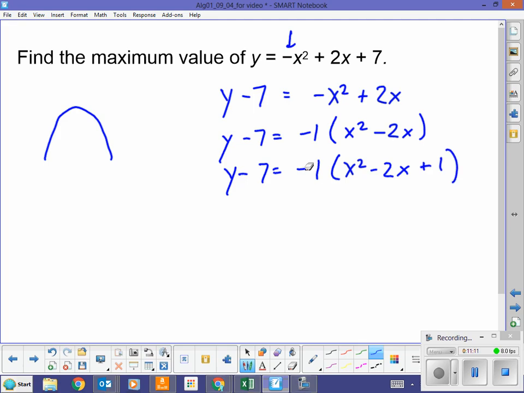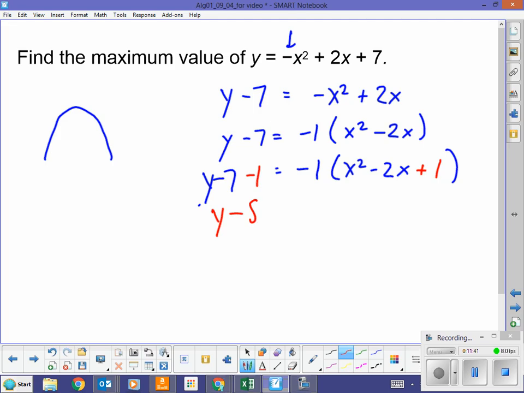And because this is really -1 times 1, what am I going to add to the other side? I'm going to do this in color here for you guys. y - 7. This is -1 times 1 that I put in there. And let me just put this in red so we can see our changes here. Okay, remember this is -1 times 1, so I have to subtract 1 from this side.